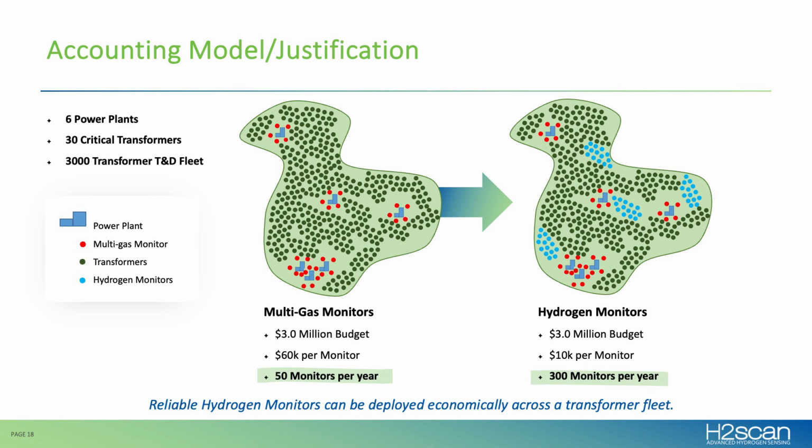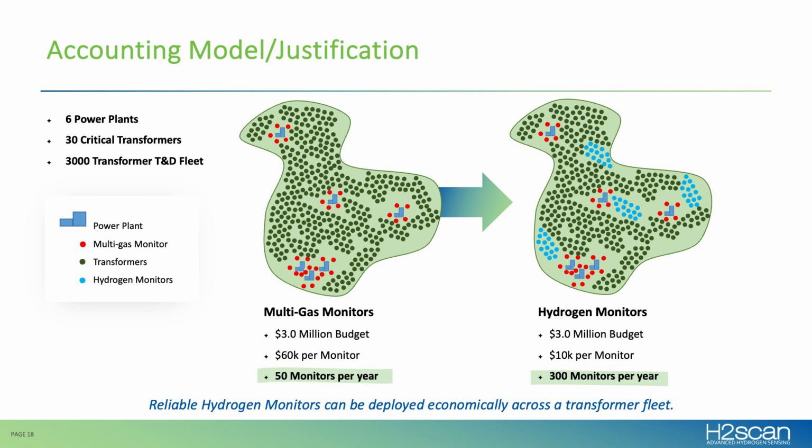And so in this case, we just took what might be a typical utility, 6 power plants. You have about 30 critical transformers and 3,000 other transformers that they'd love to have monitoring on, but multi-gas is just too much in the budget.